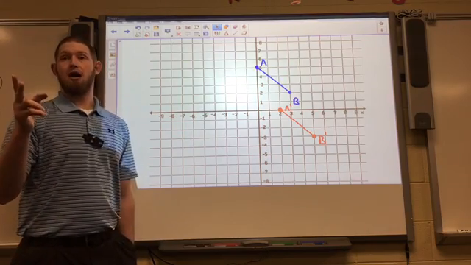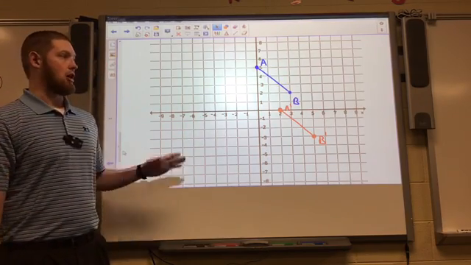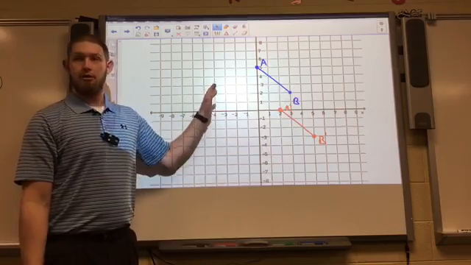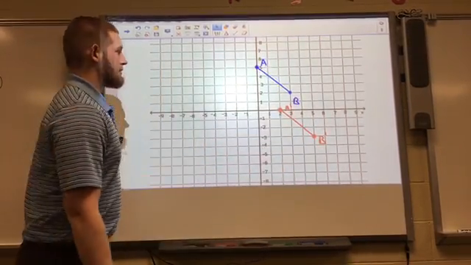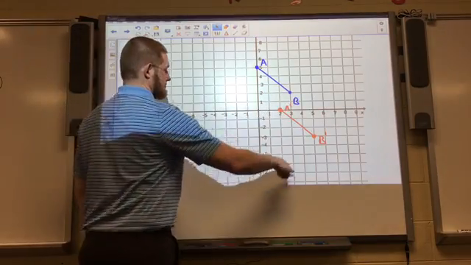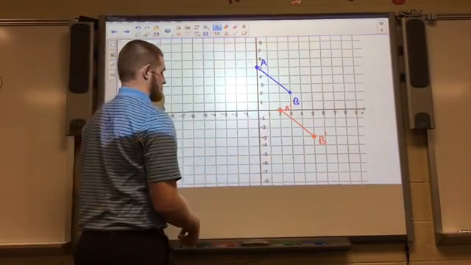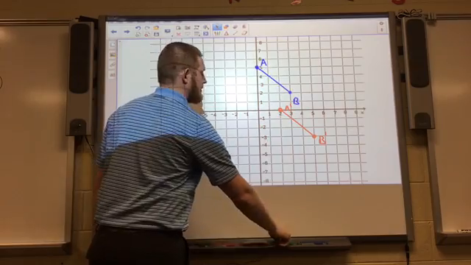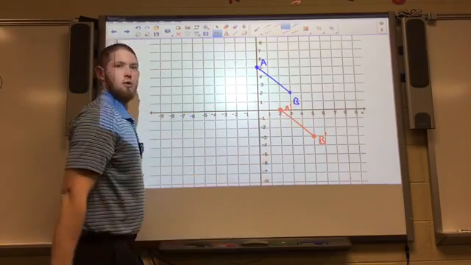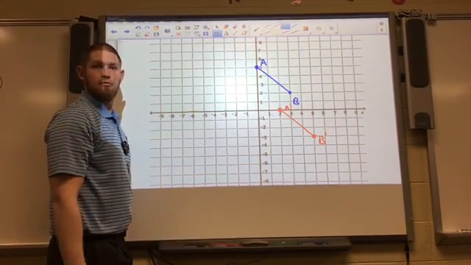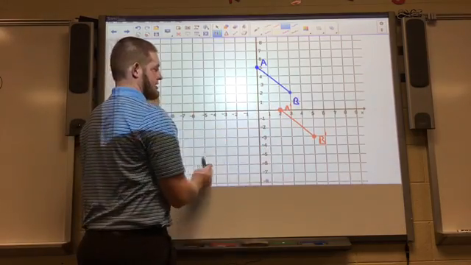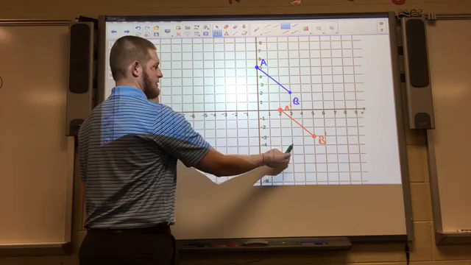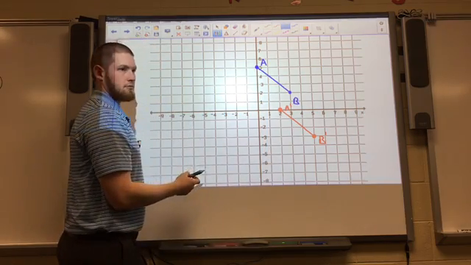Okay, I got to decide if it's positive or negative based on which quadrant I end up in, right? Because every 90 degrees I switch quadrants also. Okay, so if I'm going clockwise, this one's a little tricky. That's not really in a quadrant, is it? But it's between 1 and 4. So when I go 90 degrees, it's going to be between 4 and 3, right?